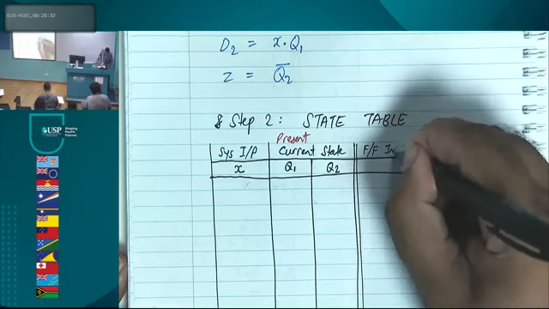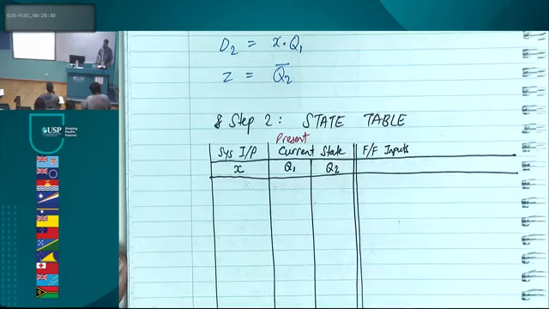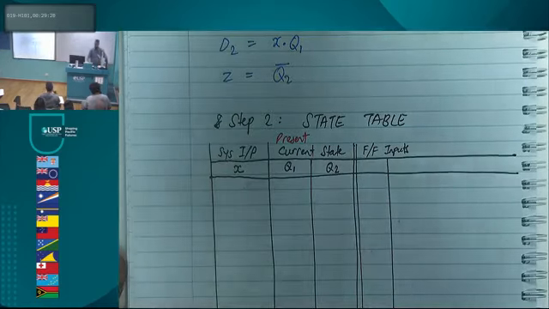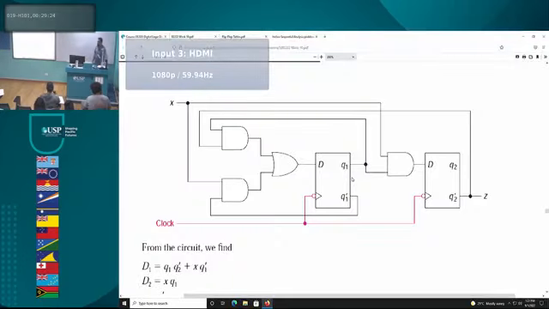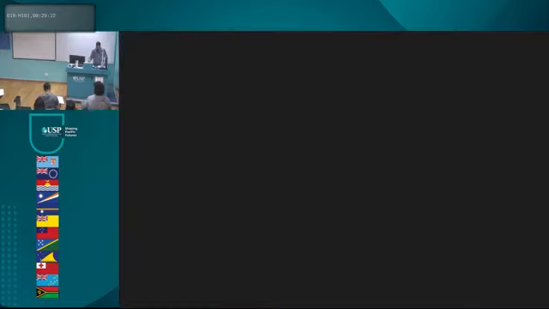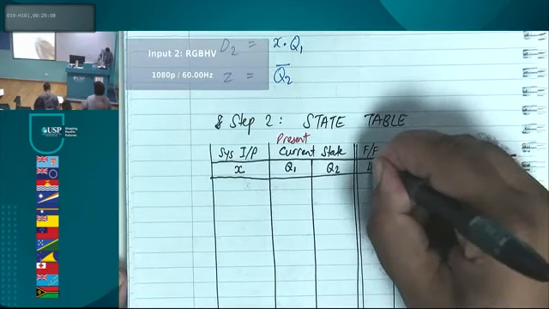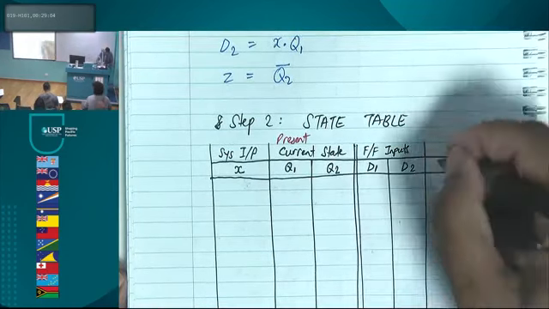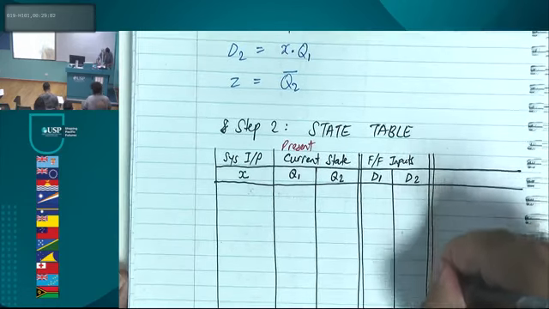Flip-flop inputs. Now, how many flip-flops do we have, guys? Let's again look at the picture. 2 flip-flops. How many inputs do we have? 2. Only 2 inputs, because there are 2 flip-flops, each with one input. So we can say D1, D2, and then another double line.